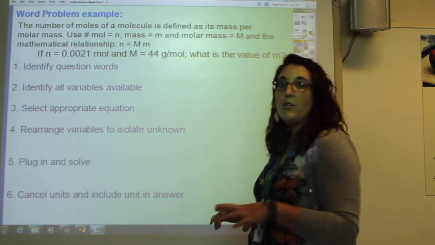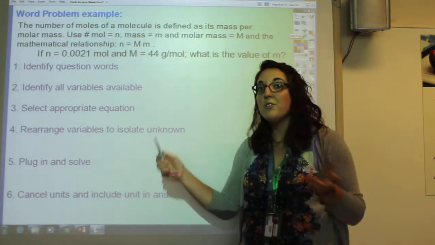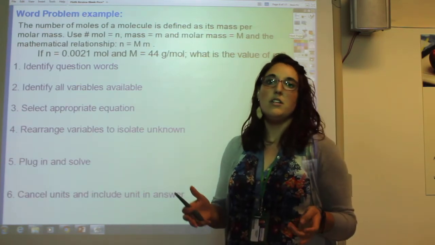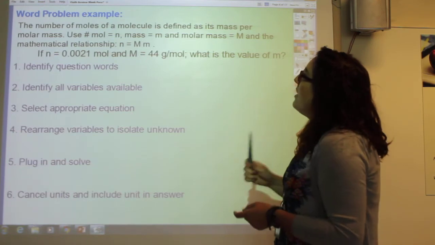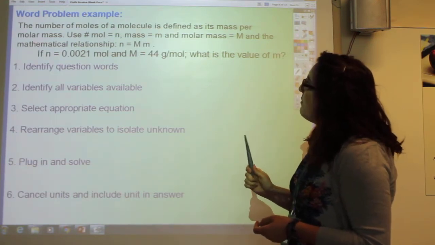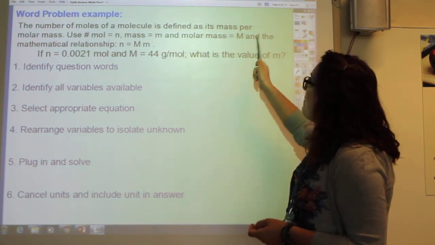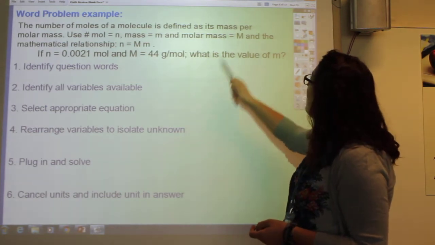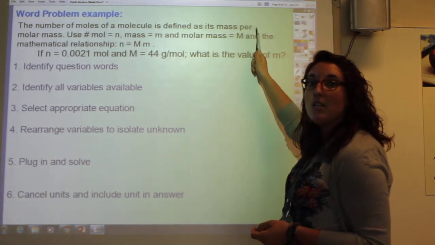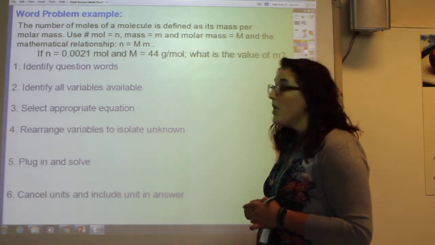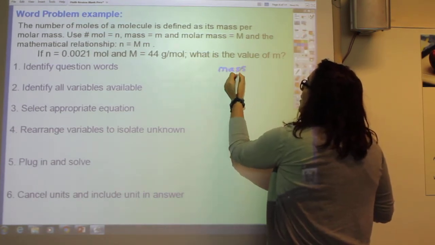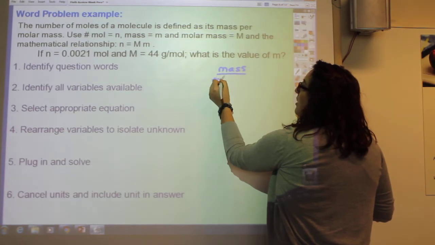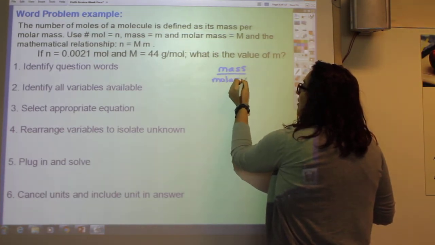Okay, now I know you don't know much about moles or molecules or anything like that right now, but we can still use the information given to us and solve a problem. Now, the number of moles of a molecule is defined as its mass per molar mass. What does per mean? Per means divided, essentially. So that means mass over molar mass.